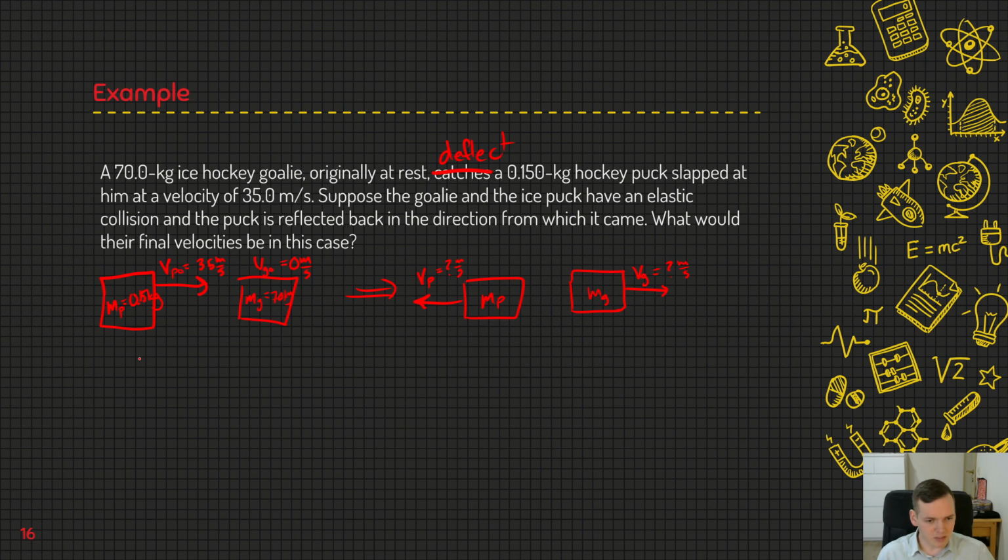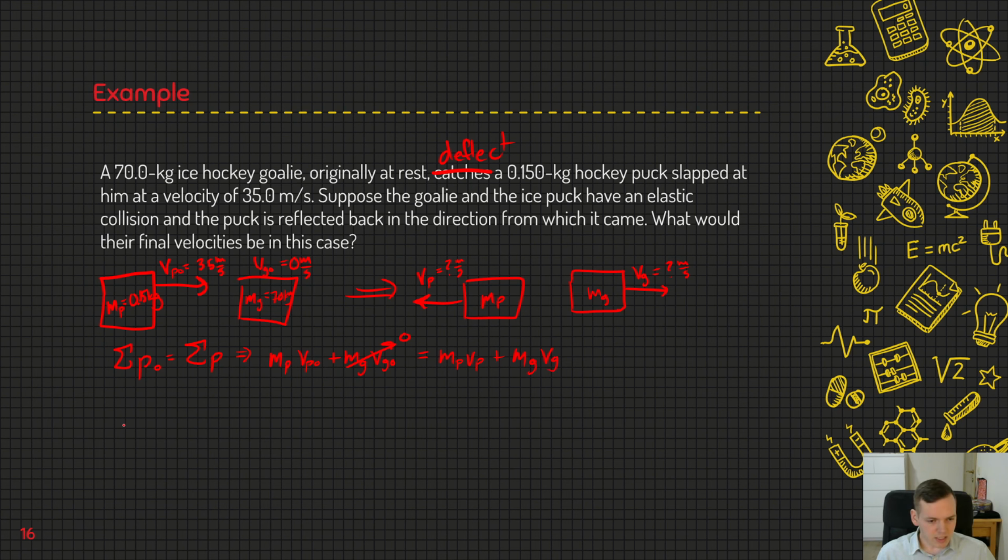So initial momentum is the mass of the puck times the initial velocity of the puck plus the mass of the goalie times the velocity of the goalie initially. That is all equal to 0. And that will equal at the end the mass of the puck times the velocity of the puck plus the mass of the goalie times the velocity of the goalie.